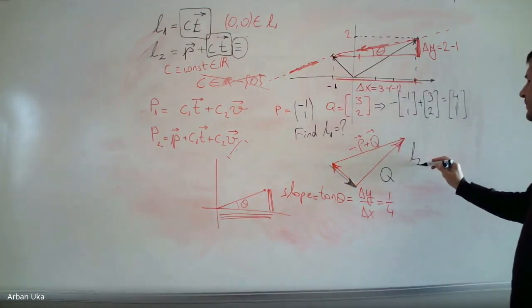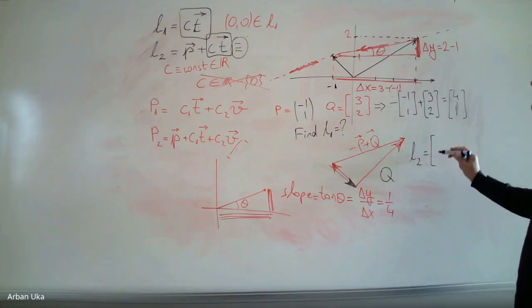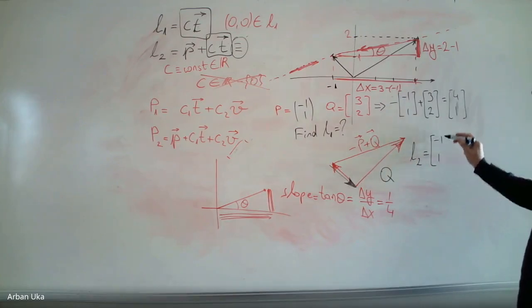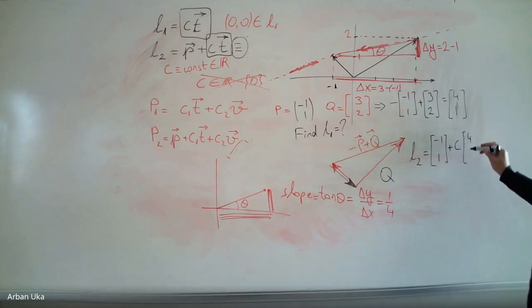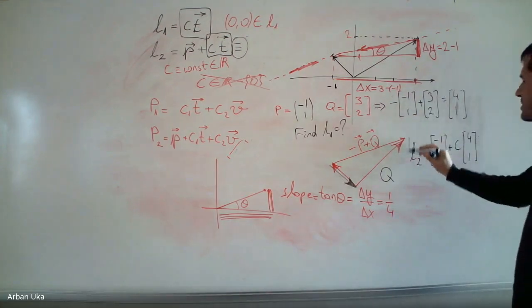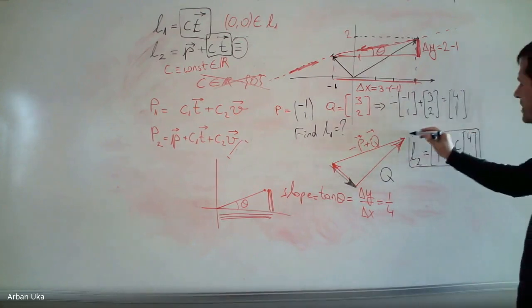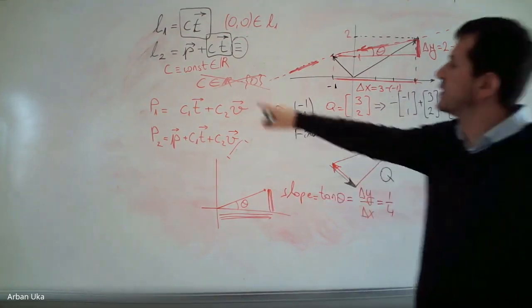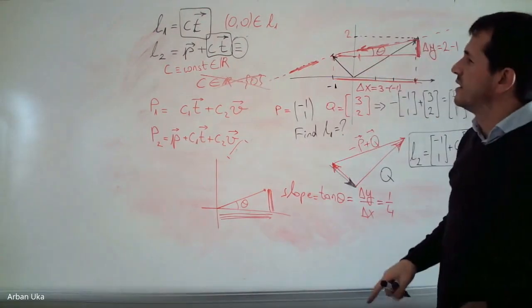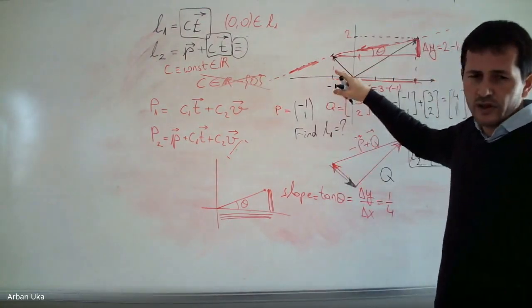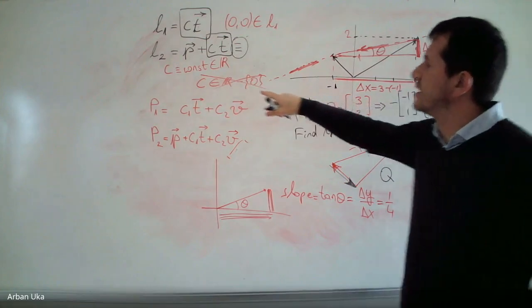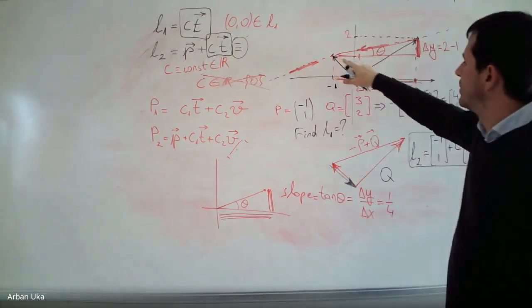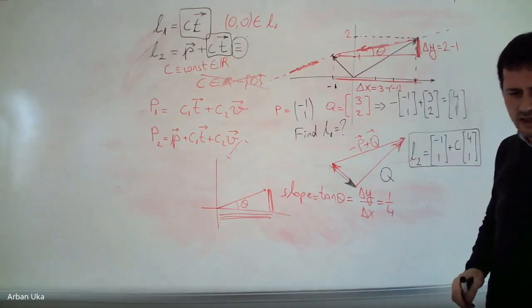So L2, we can write this one as (minus 1, 1) plus t times (4, 1). Okay, so this is, let's say, the equation of this line, which is looking like this. And this vector, which shifts the whole line from the origin, in this case, we just pick any point which was on the line. Okay.